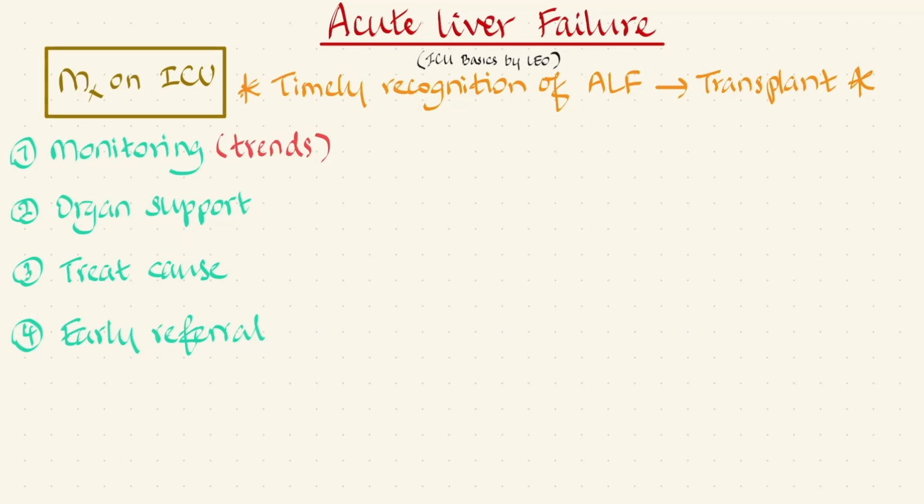We need to particularly assess their neurology, like cognition, flapping tremors, tendon reflexes, clonus, and motor and cerebellar dysfunction, GCS and pupils, basically to determine if encephalopathy is getting worse, if there are any features of increased ICP.